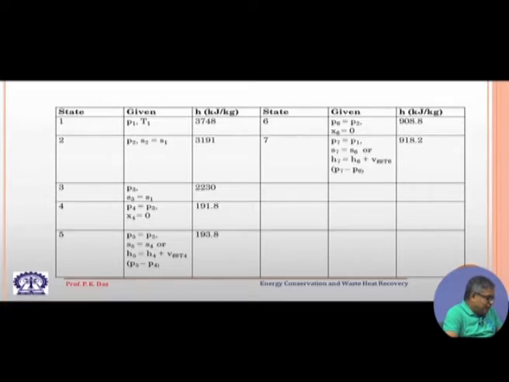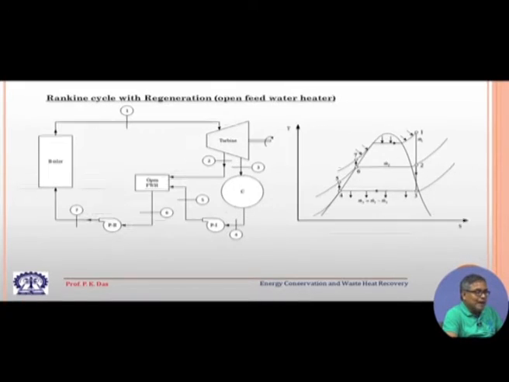Now you see, if we go back, from point 7 there is this much heating that will be done in the boiler itself. This is the economizer part of the boiler, and then there will be evaporation and superheating.